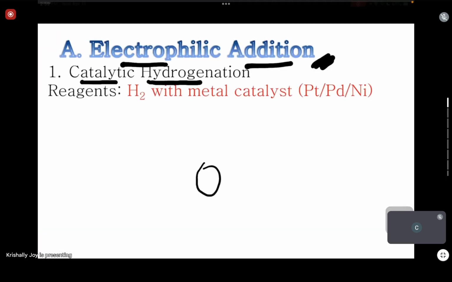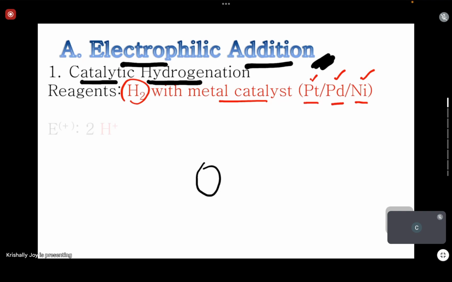Okay, that's why ang nakalagay dito, reagents na kailangan for catalytic hydrogenation is hydrogen gas with catalyst. The most common catalysts during catalytic hydrogenation are metal catalysts because these are strong catalysts. It could be platinum, palladium, or nickel. Kapag sinabing catalyst, yun lang ay mga substances, mga reagents that will facilitate the chemical reaction.